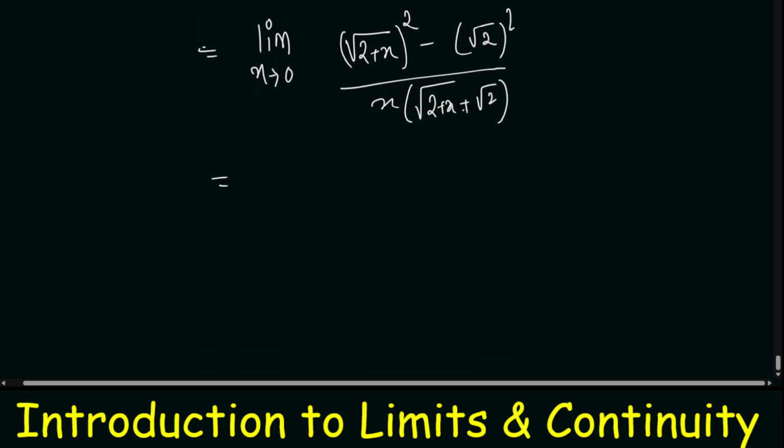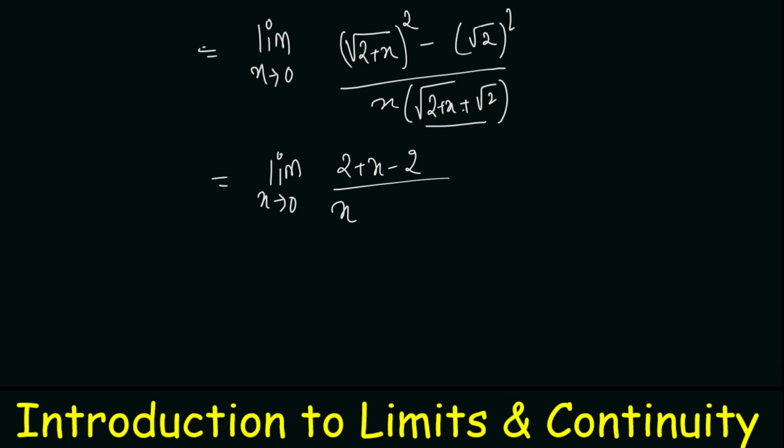Now, simplifying this further, you will get limit x tends to 0, 2 plus x minus 2 by x whole into, now this value here does not contribute anything to the undefined part, so this is a perfectly finite value which is just lying inside the limit. If you find any such value which has a finite answer like 1, 2 and not 0, which is in the denominator, you can always take these expressions out.